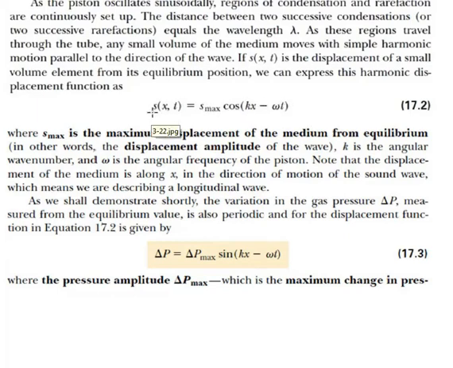Here, to differentiate this parallel displacement from the vertical displacement, we don't take it as y but rather as s, and s maximum is the maximum displacement of the medium from the equilibrium. In other words, the displacement amplitude of the wave. k is again the angular wave number and omega is the angular frequency of the piston.